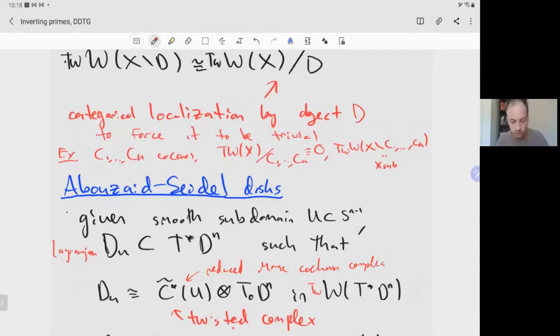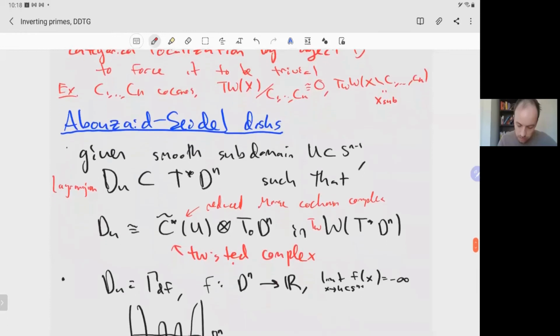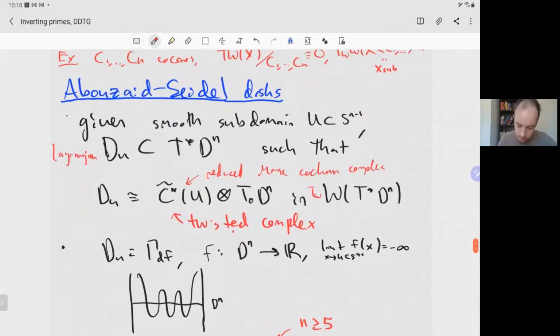So you start with this reduced Morse cochain complex of U. That's some chain complex, and then you tensor that with a cotangent fiber, and you view that as a twisted complex in the wrapped Fukaya category, and the claim is D_U is isomorphic to this. So constructing some D_U, and here's what object it is.